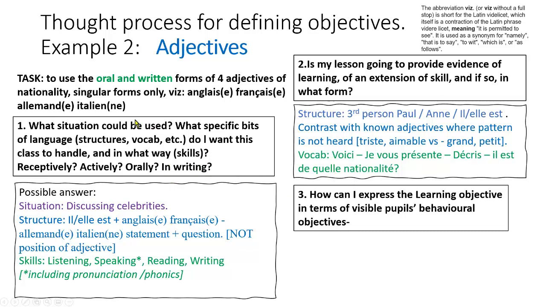If it's to do with discussing celebrities, I'd want them to know voici, here is, je vous présente, I introduce to you, décrit, describe. And the question, il est de quelle nationalité? What nationality is he? Thinking about it, probably I should have put that bit into the structures that I would expect them to know or use.